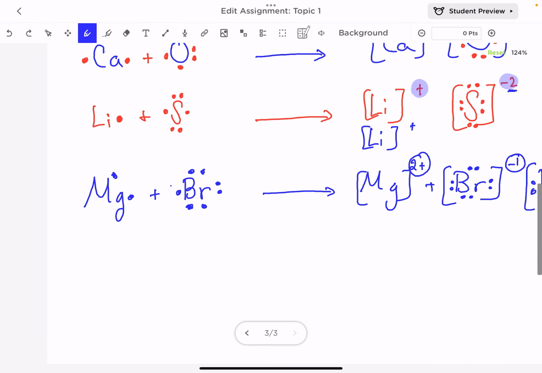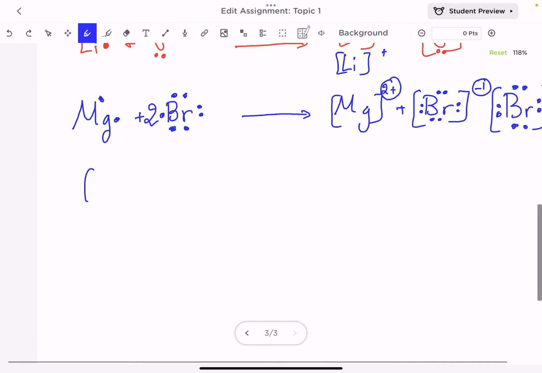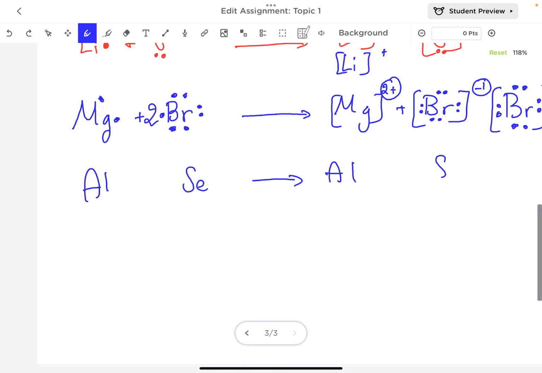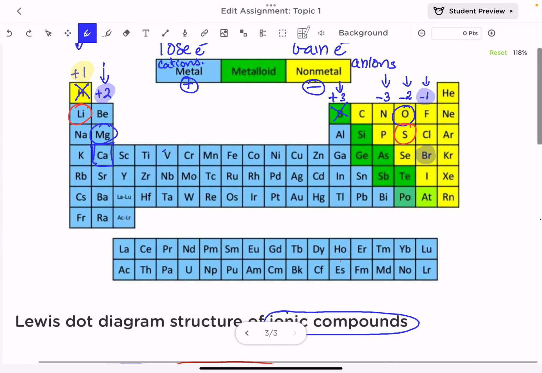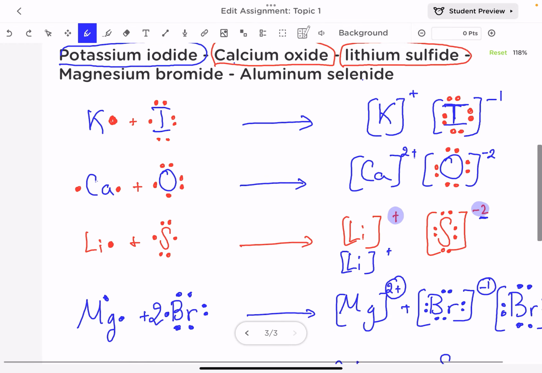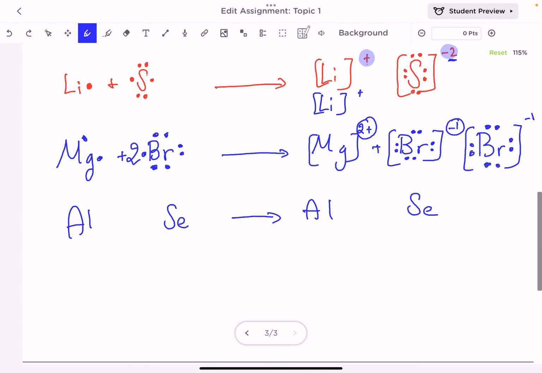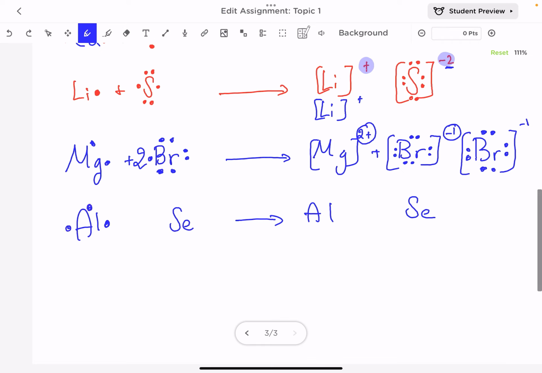Now the last question, aluminum selenide, Al and Se. Now let's look at aluminium. Aluminium belongs to group 13, so it has 3 valence electrons. Selenide belongs to group 16, it has 6 valence electrons. It's going to gain 2, and aluminium will lose 3 electrons. So this is the aluminium, and this is the selenide with 6 valence electrons.